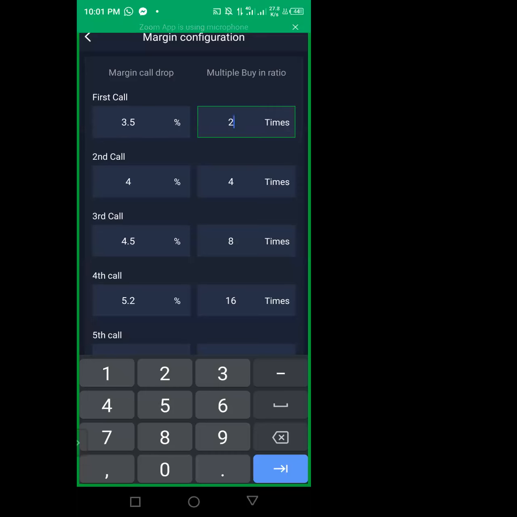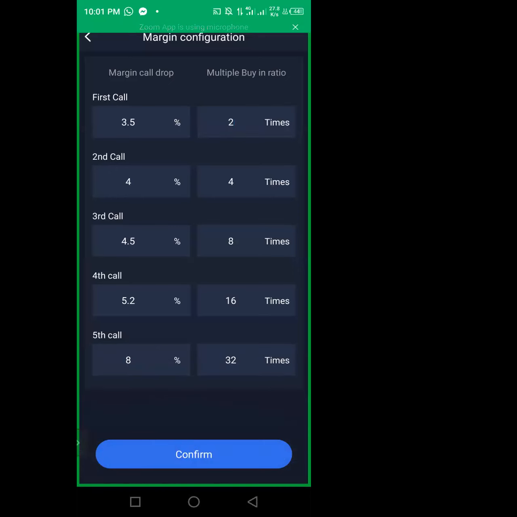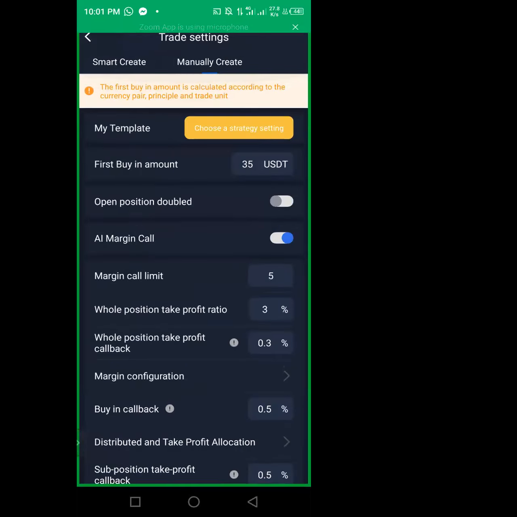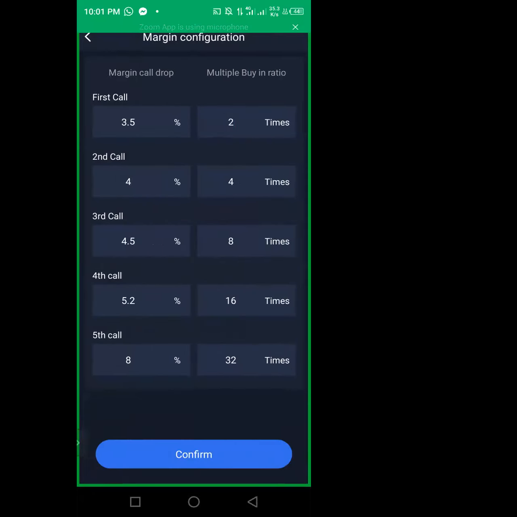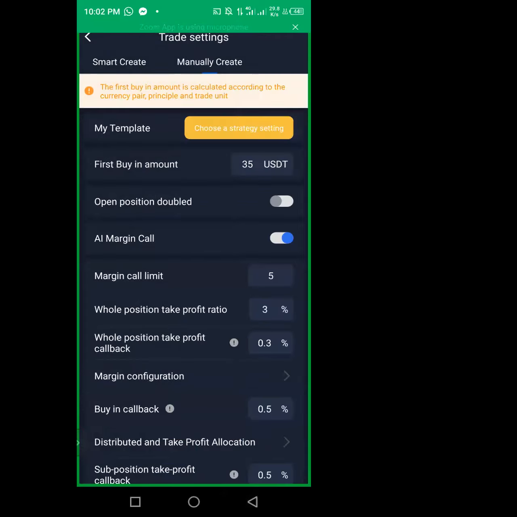So if I put 2 here and I confirm, I don't know if someone is following. If this coin drops by 3.5% now and the robot wants to buy the first call, please, how much will the robot use to buy this first margin? The first buying amount is 35.